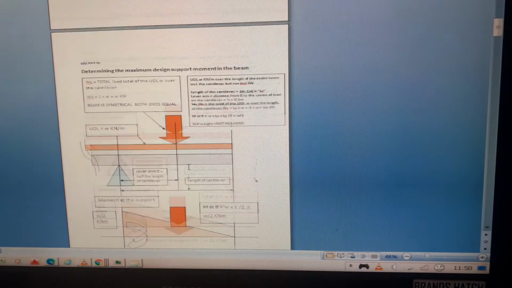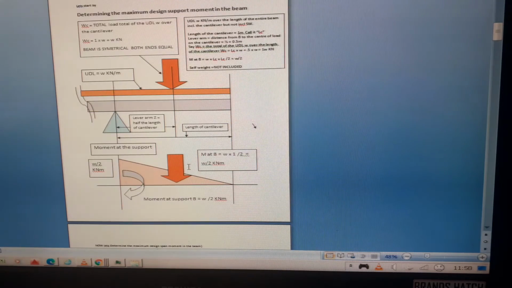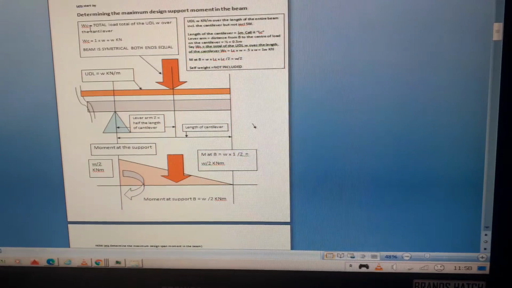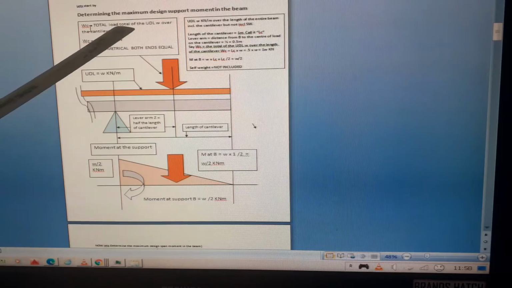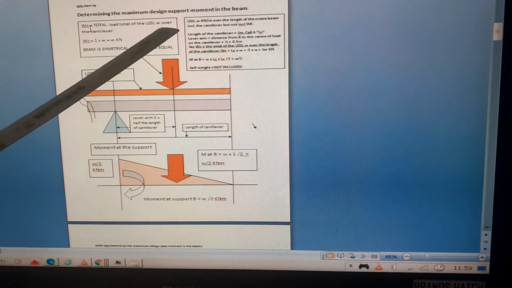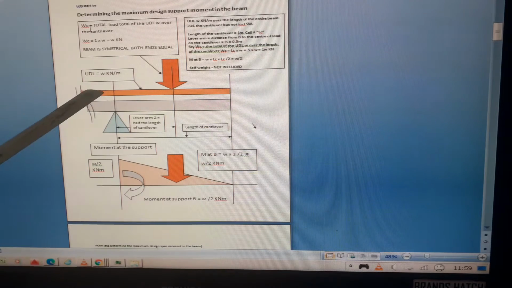I've just drawn out a little diagram for the cantilever section, so it's symmetrical. This one's the right hand side, and it's going to be symmetrical for the left hand side. As shown, WC is the total load of the UDL over the cantilever. The orange bit is the same as the blue bit that I drew.